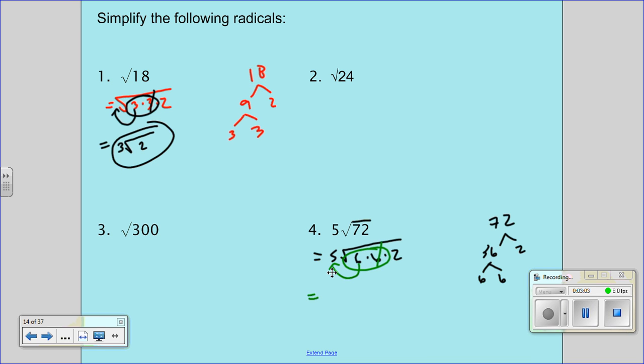Anything that comes outside will multiply with whatever is already existing out there. So it'd be 5 times 6, which is 30, outside the sign, but the 2 will stay inside the sign. So it's 30 square root of 2. Ooh, that was a horrible circling job.